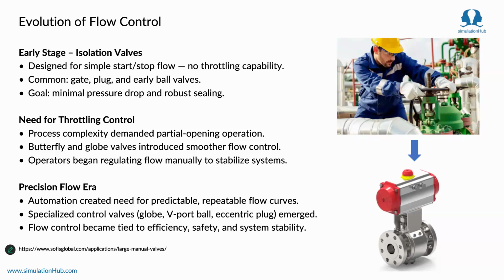So in this, we have gate valves, which are used in dams. We have plug valves, and even you might have seen PVC ball valves, they are still used as basically on-off valves. And the goal for these valves was to have the least pressure drop, pressure losses, while having robust sealing.